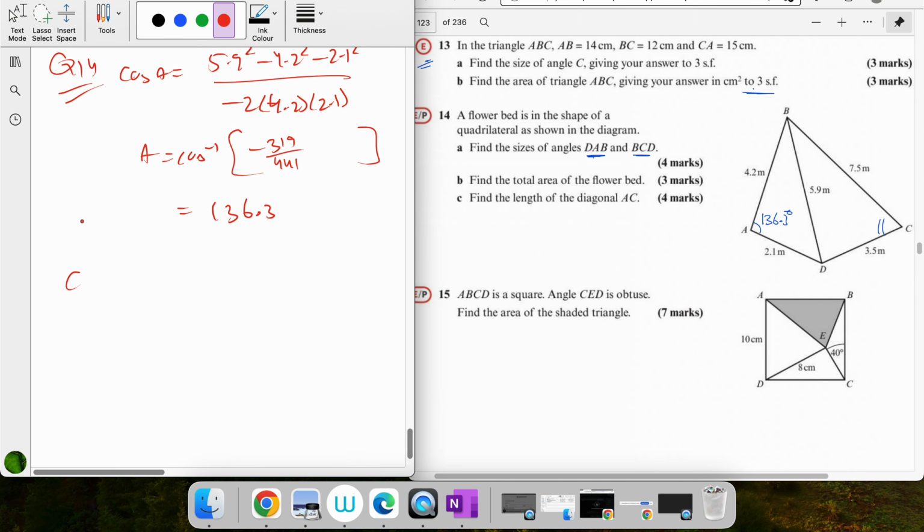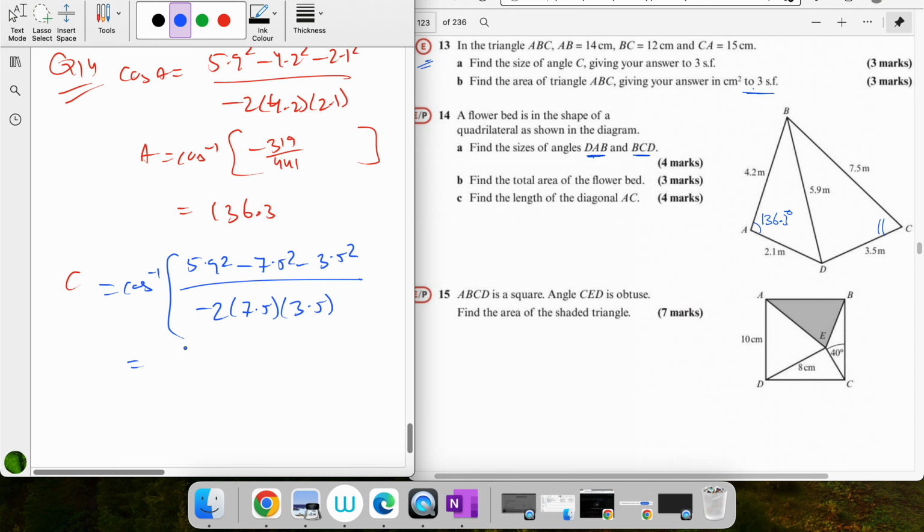So angle at C, let me write this directly. So cos inverse of 5.9 square minus 7.5 square minus 3.5 squared divided by minus 2 into 7.5 into 3.5, and punching this directly in calculator, that is 50.1 degrees.